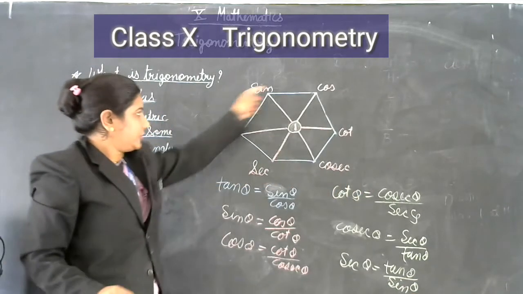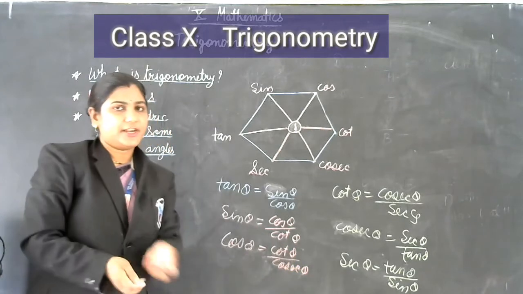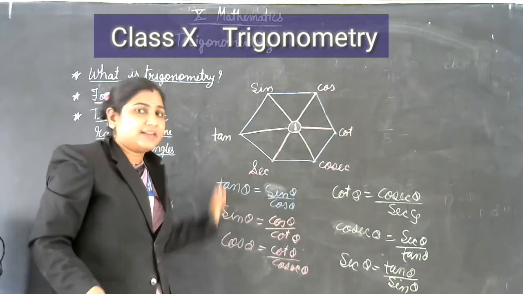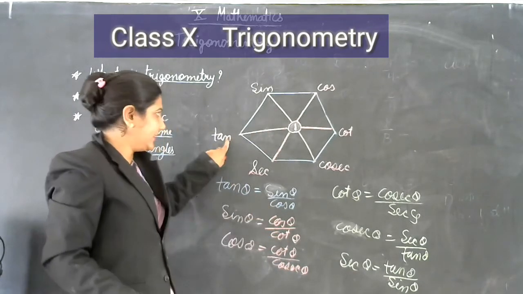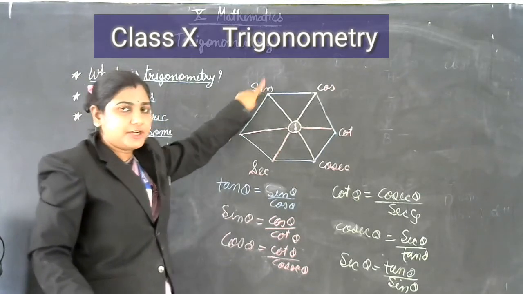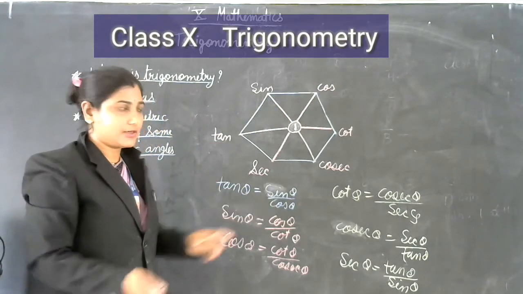So by using this we have written 6 formulas in a few minutes, and there is no need of learning all these. By trick you can write them easily. Tan theta equals first equals second function upon third function: tan theta equals sin upon cos.